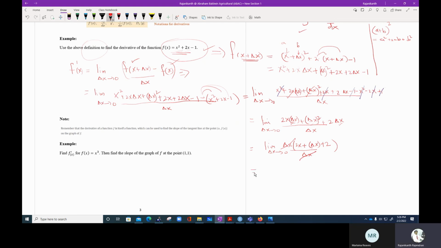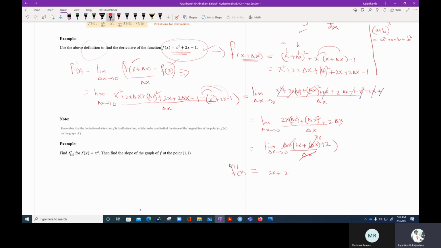Now you can plug in the limiting value. When delta x goes to 0, that term goes to 0, so the leftover answer is 2x plus 2. That is the derivative of the given function f of x. Yes, we have more work. This is called finding the derivative of function f by using the definition.